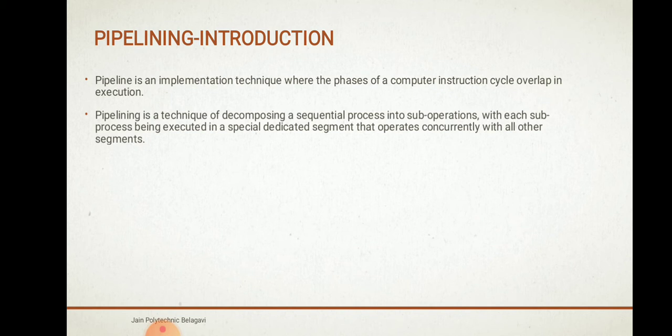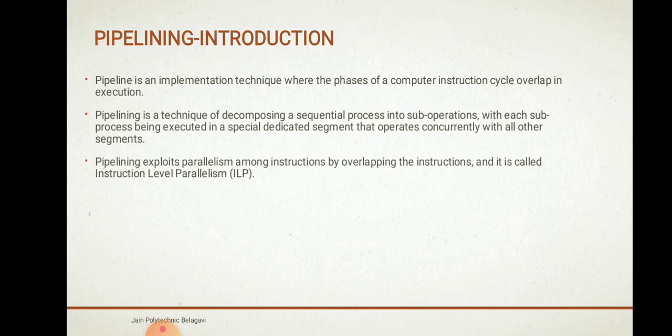Whatever the operations of a sequential process, it will be decomposed, and each sub-operation will be executed in some dedicated segment, and all this will be executed concurrently, that means at the same time. So a single instruction is fetched, decoded, and executed at the same time.